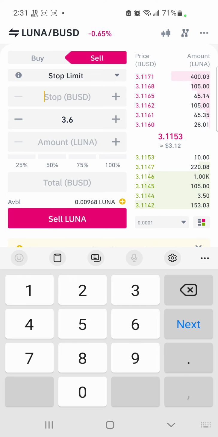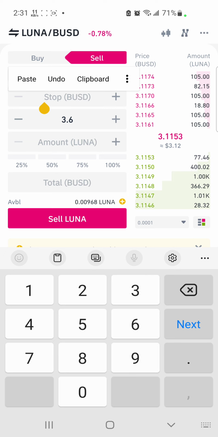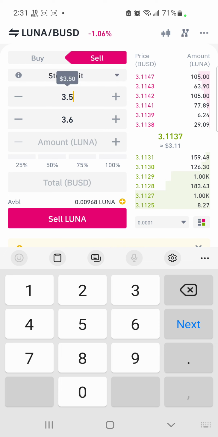But it will not get placed onto the market until the first criteria has been met, which is the trigger price, $3.05. If this doesn't happen, then the sell price, which is the limit price, will not work.